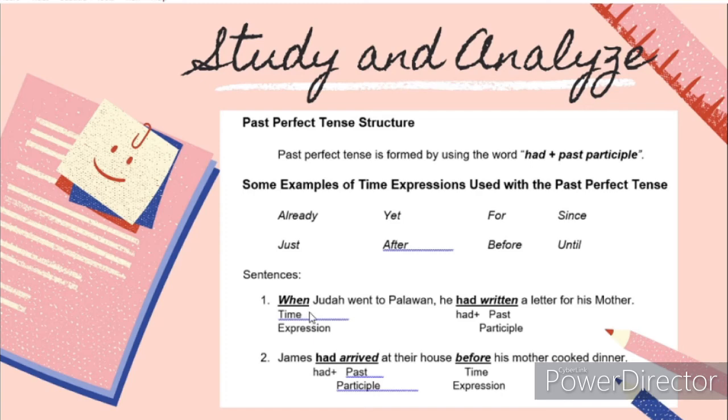Let's analyze each sentence. In the first sentence, when Judah went to Palawan, he had written a letter for his mother. When is an example of a time expression used in past perfect tense. The verb here is in its past perfect, in which it follows the formula had and the past participle of the verb.